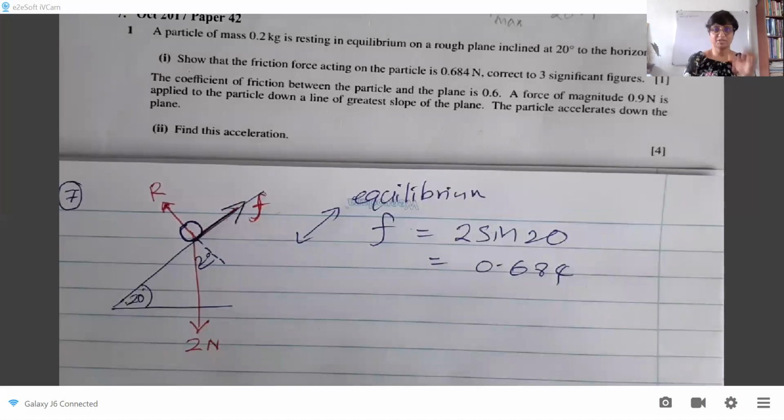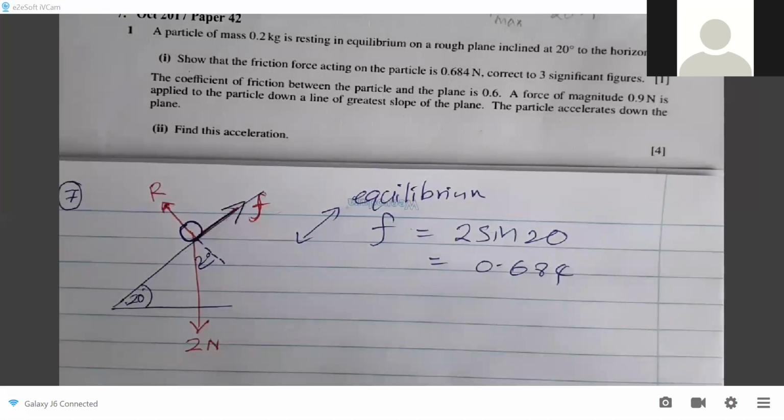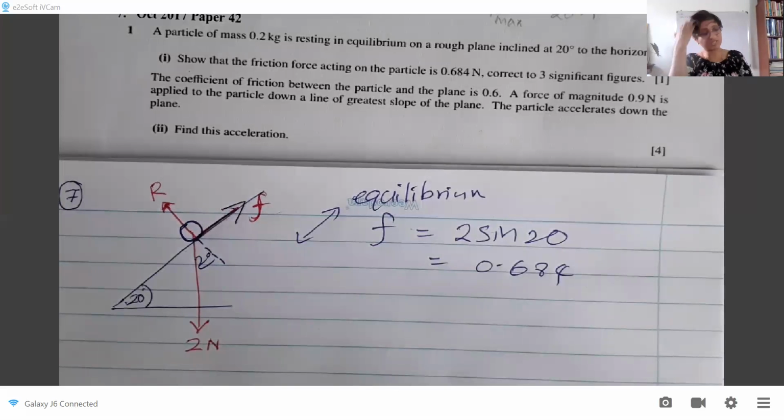Because at one point I also started to believe in it, and then I went back and realized. Right. So if the object is not moving, if the object is at rest, it means the friction is not at its max. We don't know that. It means friction is balancing the downward force, whatever that is, which is a component of the weight. If this is at rest, the forces are balanced.